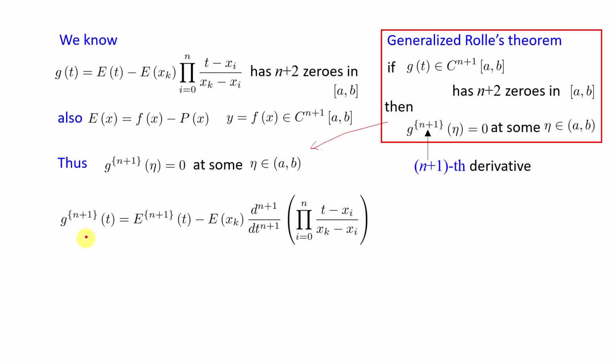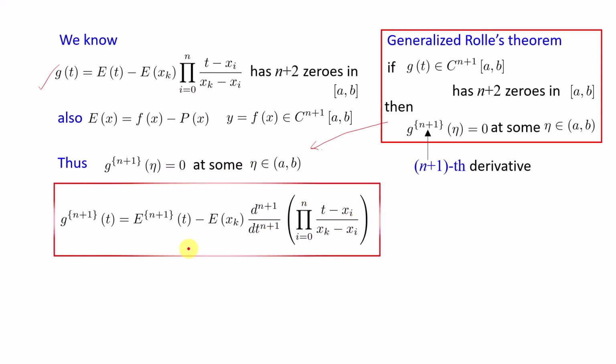Now what is this derivative? I take the n plus 1th derivative of this function, which is the n plus 1th derivative of e(t) minus e(xk) times the product. xk is a constant, so e(xk) is just a number, and I have to take the n plus 1th derivative of this product.